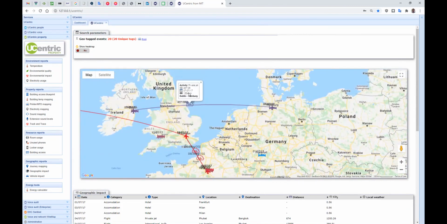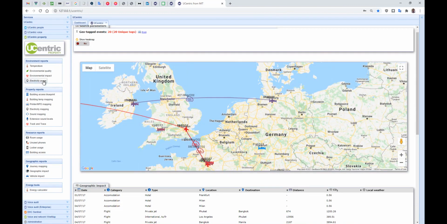Going one step further, we're doing some work at the moment with a large investment bank.